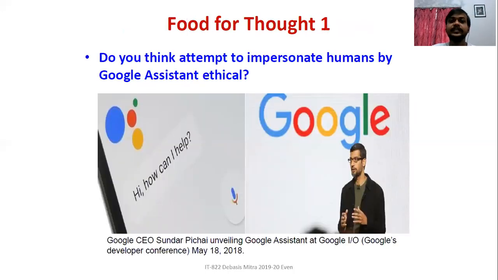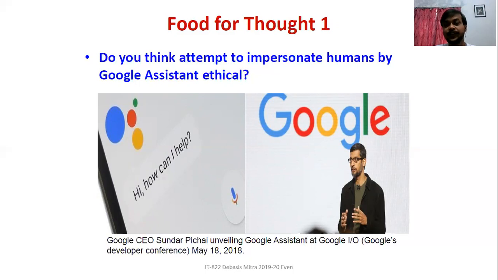Now, as an exercise, as food for thought: how difficult is it to handle ethical principles nowadays for CS professionals. I'm giving you one food for thought. Personal assistants are very, very lucrative applications that Google has come up with.